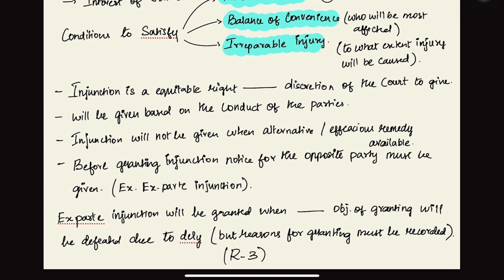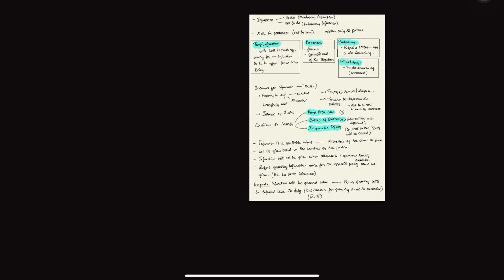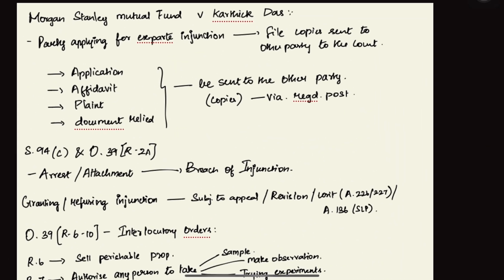This type of injunction is granted when the objective of granting injunction will be defeated due to delay, when such notices are issued, and that delay is actually against the object of granting that injunction. In such case, the court may grant ex parte injunction. But while granting ex parte injunction, the court will record the reasons to that effect.